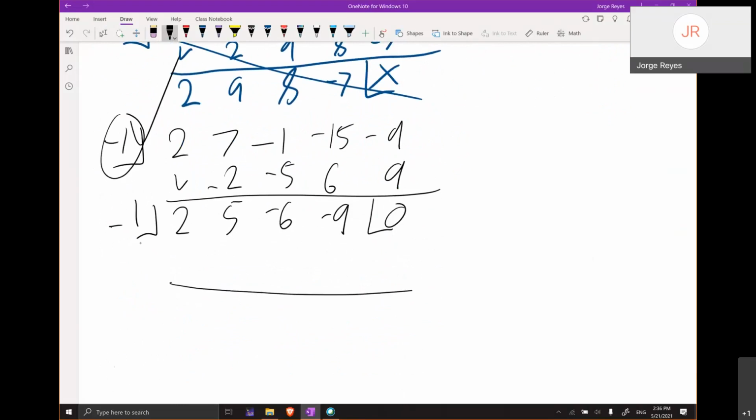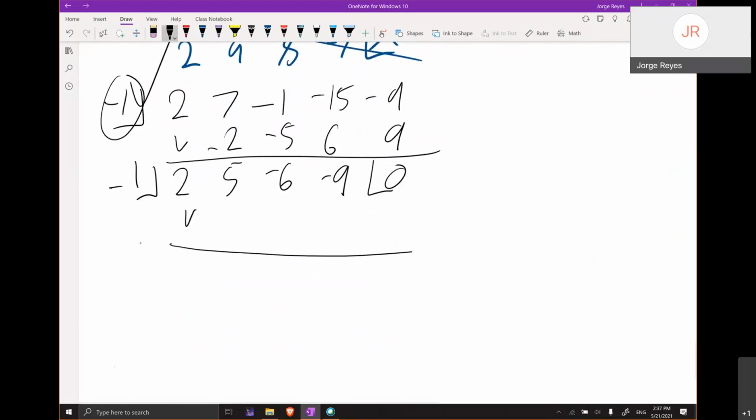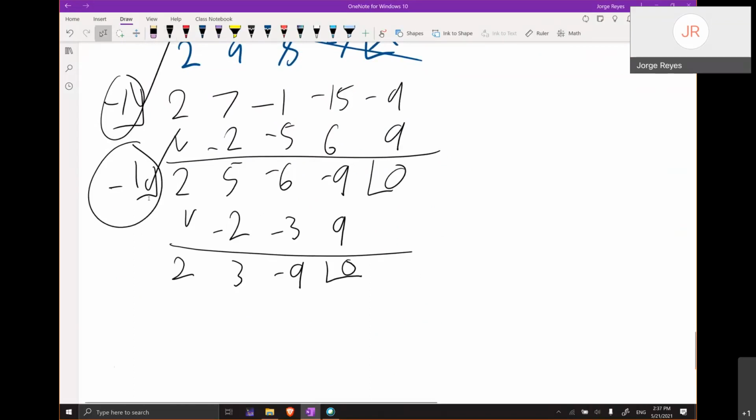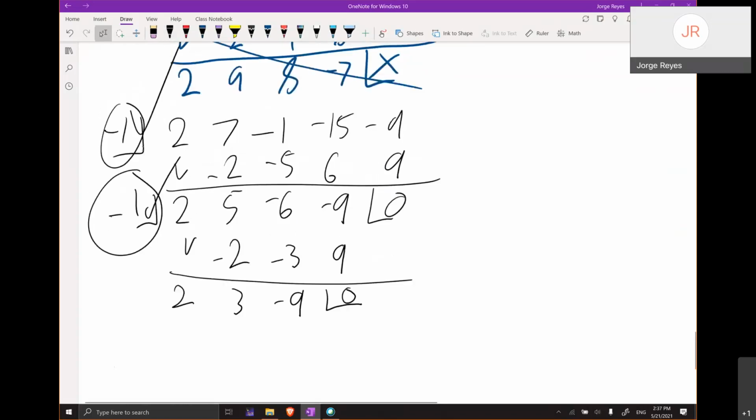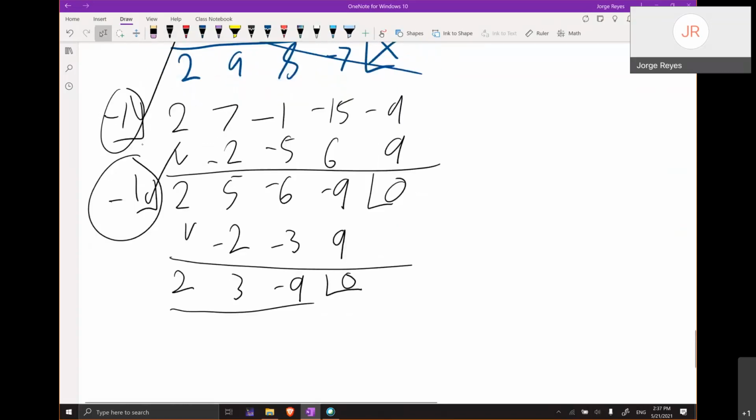I'm going to guess negative 1 again for the same reason. So 2, negative 2, 3, negative 3, negative 9, 9, 0. So there you go, negative 1 is a 0 with multiplicity 2. And now this is my quadratic.